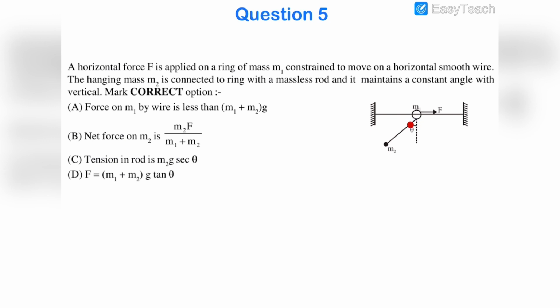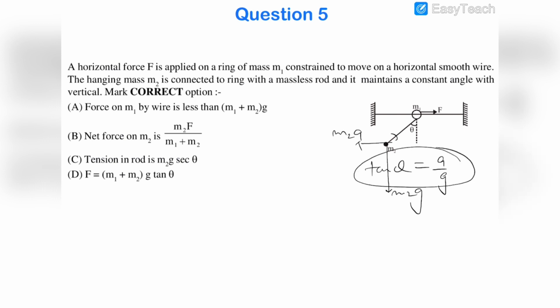This angle is constant throughout, and this angle is theta. First of all, we know that tan theta would be equal to m2a upon m2g. So tan theta would be a by g, and this is T and this is also T.